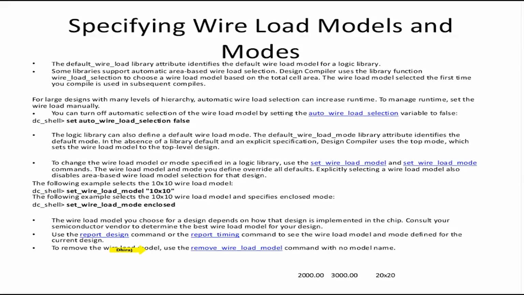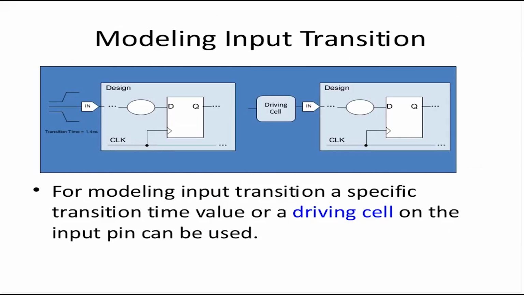Use the commands set_wire_load_model and set_wire_load_mode, and do a lot of experiments till you are comfortable with the control. So these are the assignments for any command I discuss. Please go back, see the help, see the man page, and experiment with it to learn more.